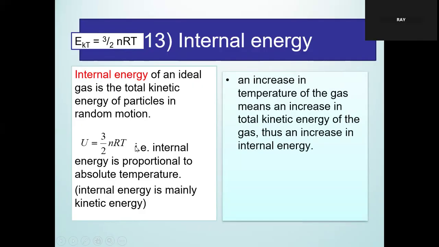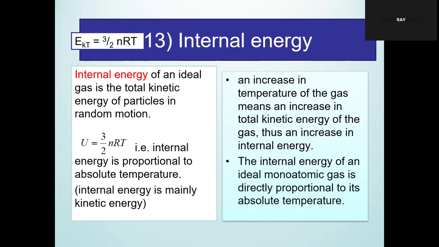The internal energy is proportional to absolute temperature. So it's mainly kinetic energy. An increase in temperature T of the gas means an increase in total kinetic energy of the gas, and thus an increase in internal energy. The internal energy of an ideal monoatomic gas is directly proportional to absolute temperature.